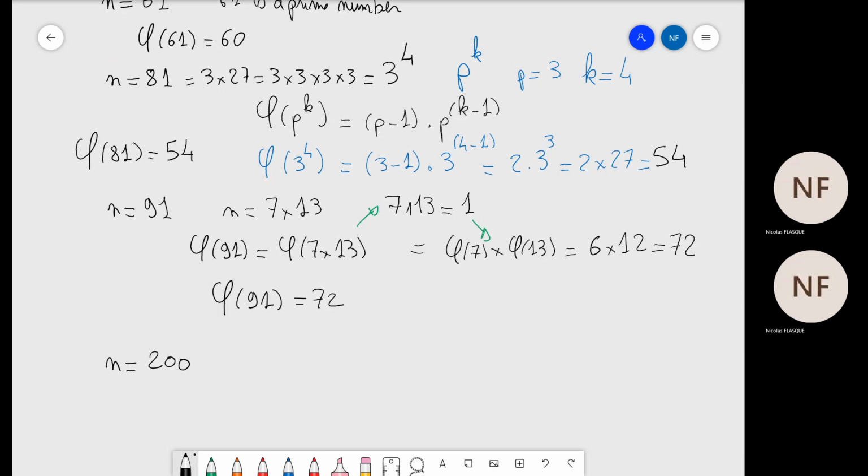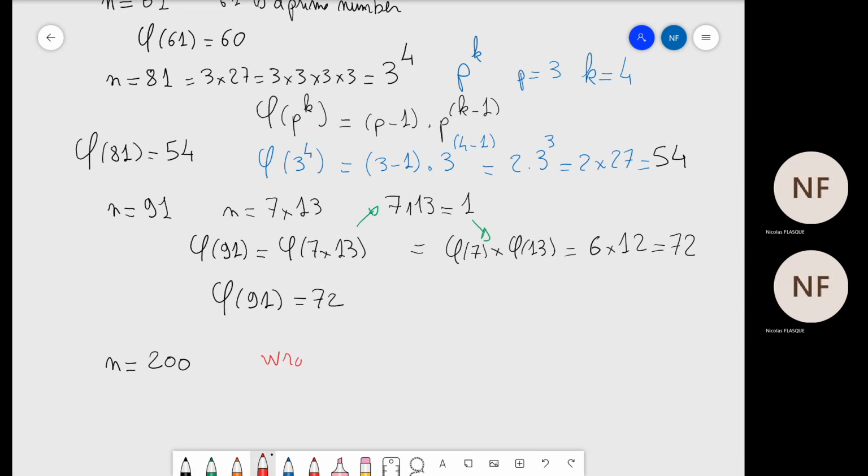So we'll have to do the same kind of thing we've done for n equal to 91, that is, trying to write it as a product of numbers to be able to decompose it. That's where one has to be careful, because we want factors whose GCD is equal to 1.